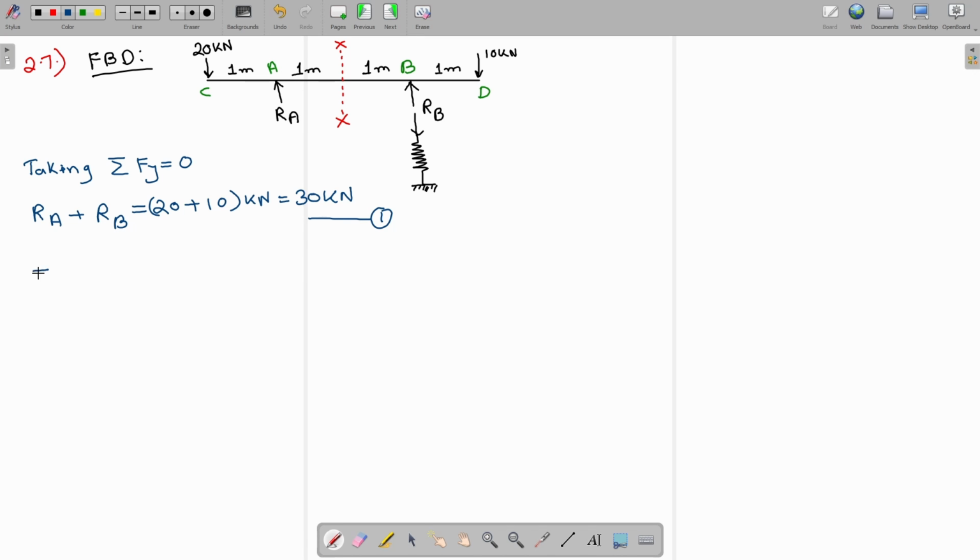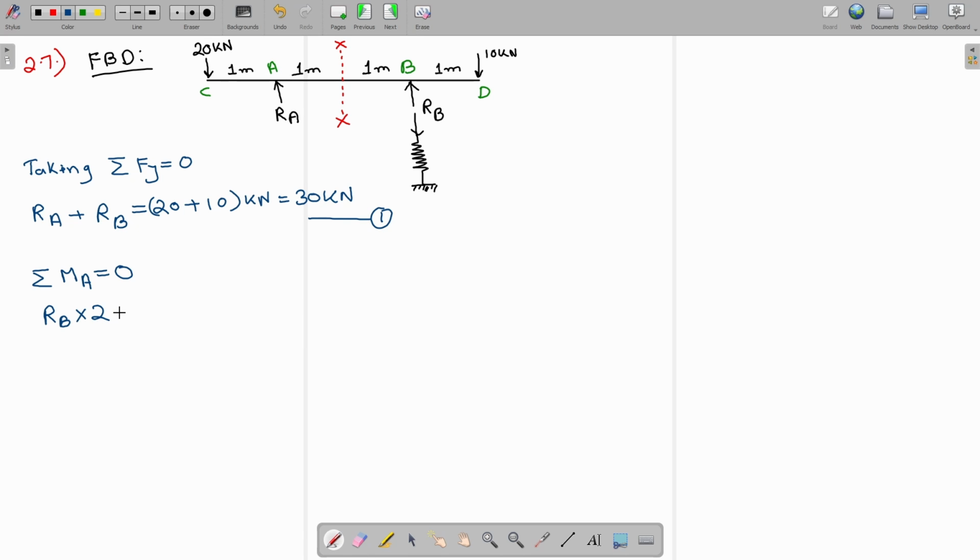Also, we are going to take summation of moment about A. Summation of moment about A is equal to 0. Here we are going to write Rb into 2. Rb is acting at a distance 2 meter in the counterclockwise direction, anti-clockwise direction.